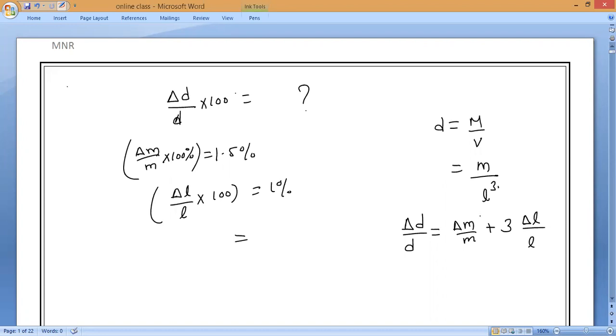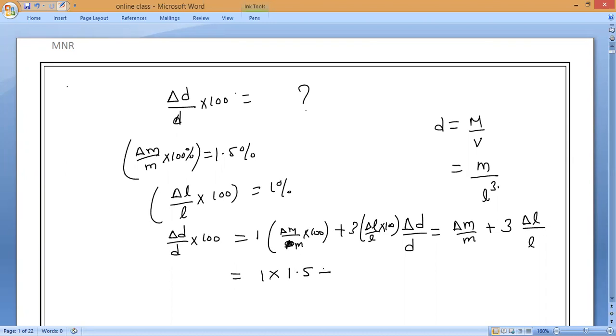So what will come here? The coefficient of M is 1. So delta D divided by D into 100 is equal to 1 into delta M divided by M into 100 plus 3 into delta L divided by L into 100. This is 1 into 1.5, and 3 into 1 is 3.